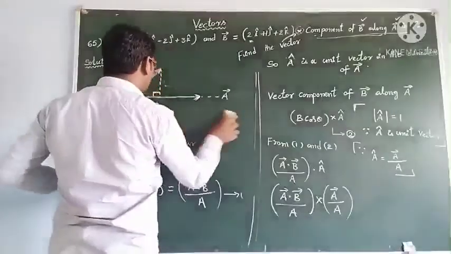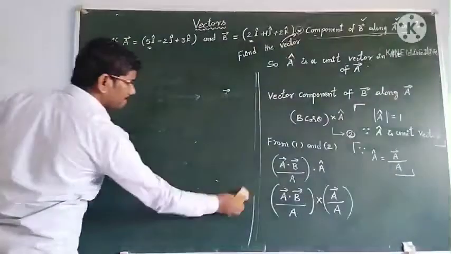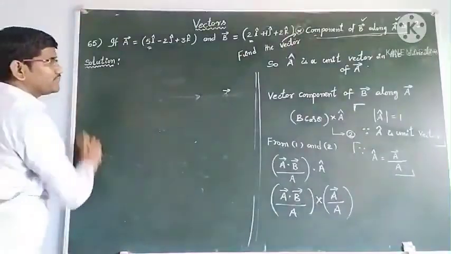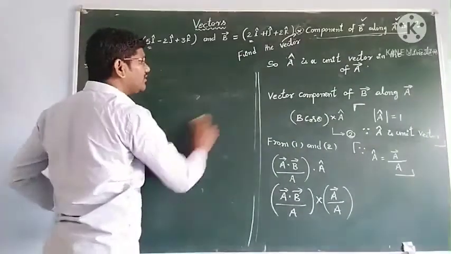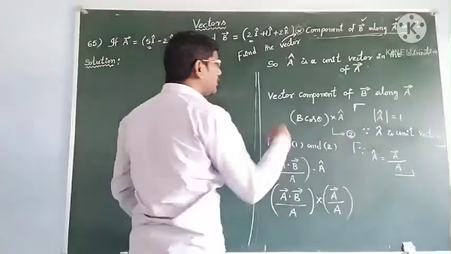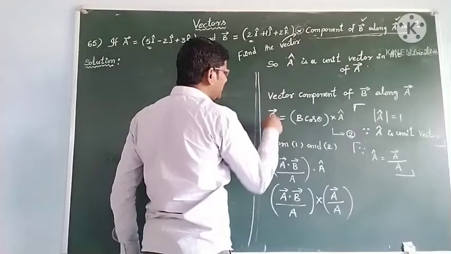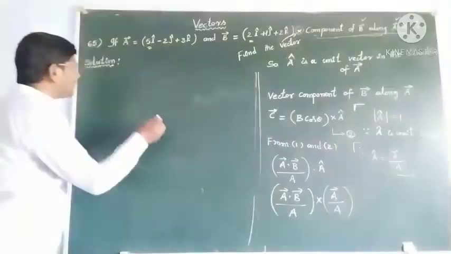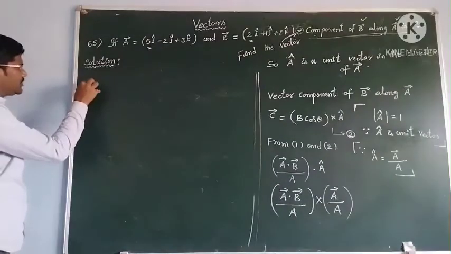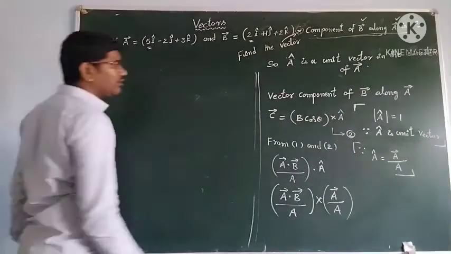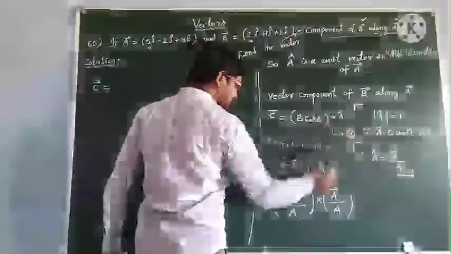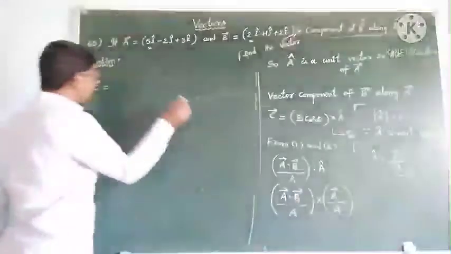Then the vector component of B bar along A bar, let it be C bar. We want C bar, which is equal to B cos theta into A cap, that is this much value.